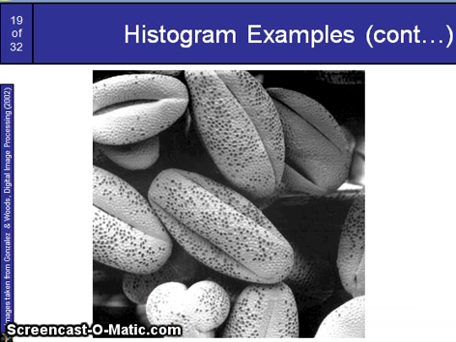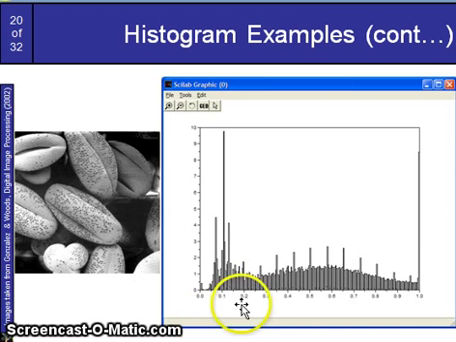Now just look at this image. This is an image which has a good appearance. Let us look at the histogram of the image. The histogram shows very clearly that the gray levels are distributed throughout the entire range.